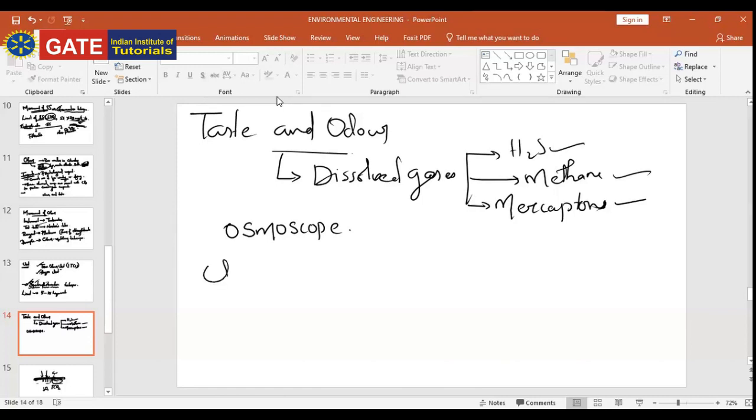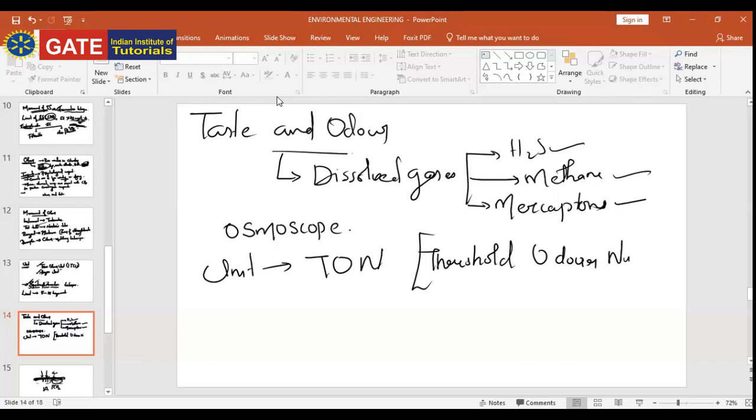And the unit in which it is measured is called TON, and the full form is threshold odor number.